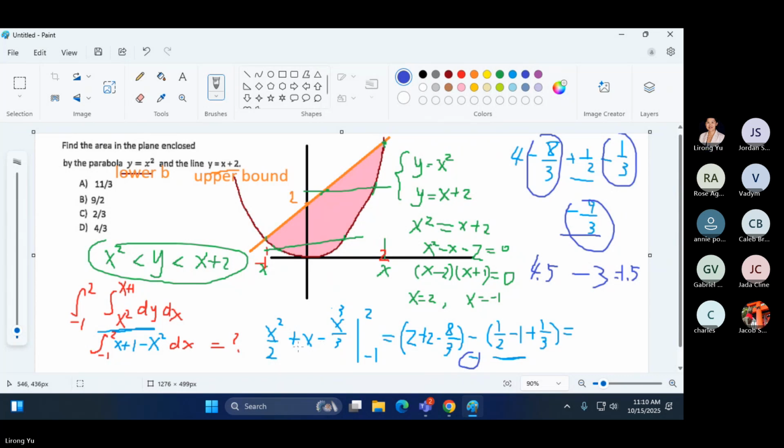It's 2x, isn't it? Because on top it's y equals x plus 2. Right, it's x plus 2. That explains it. That one was 2, so that one was 2x. So this is actually 4. So this was 6.